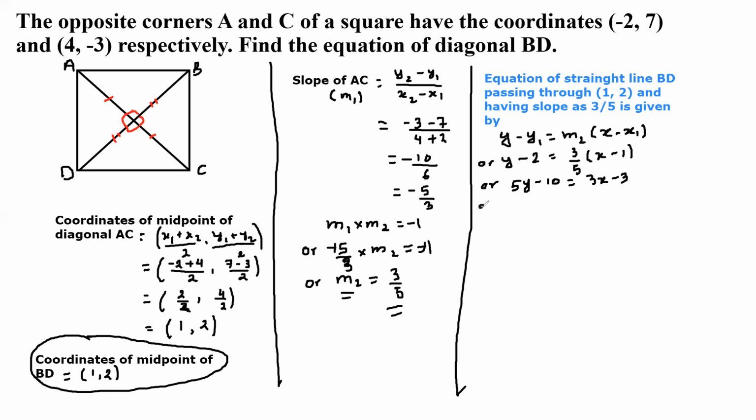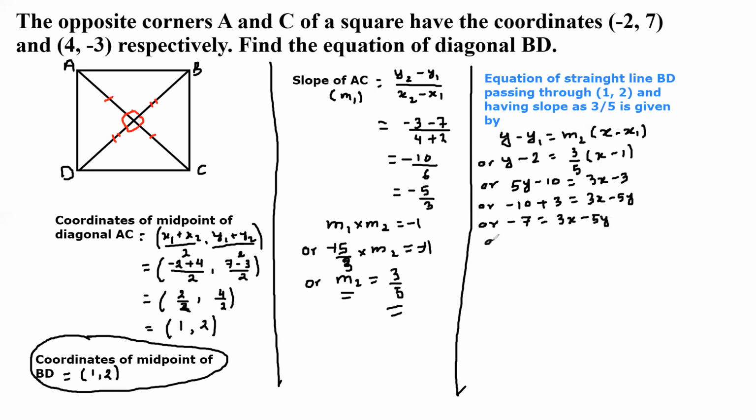So let's put x and y together. Minus 10, you transpose minus 3 here, it's a plus 3, is equal to 3x minus 5y. So this will be equal to minus 7 is equal to 3x minus 5y.